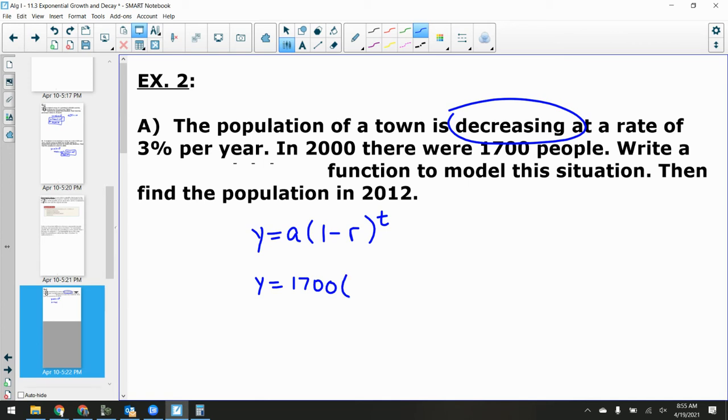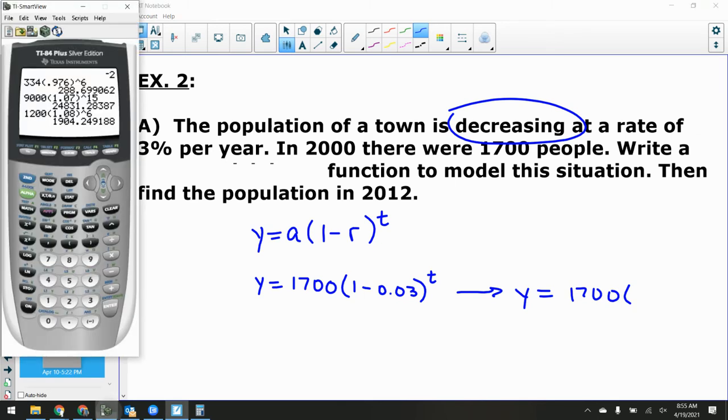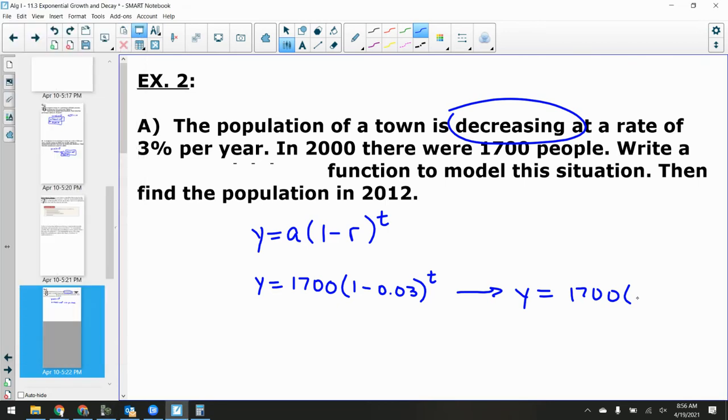I'm going to encourage you to write out the 1 minus. 1 minus what? 0.03, not 0.3, 0.03, raised to the t power. I like to actually write 1,700 times 0.97, so I remind myself that's less than 1 and it's going to go down. There's my function.